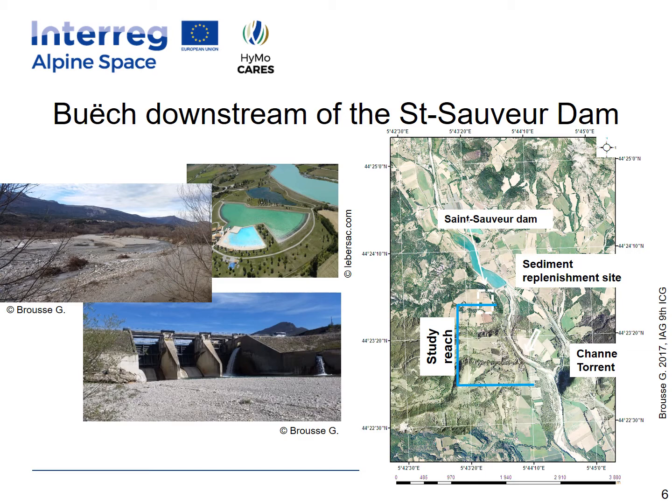The channel morphology is a succession of segments characterized by wandering and braided patterns. The dominant substrate is composed of gravel-sized sediments with a D50 of 20 mm. D84 is about 40 mm.